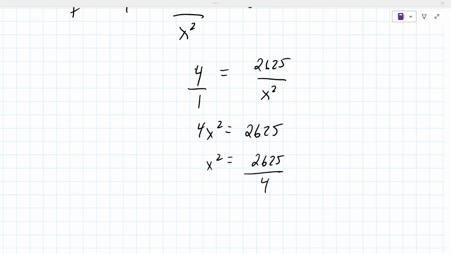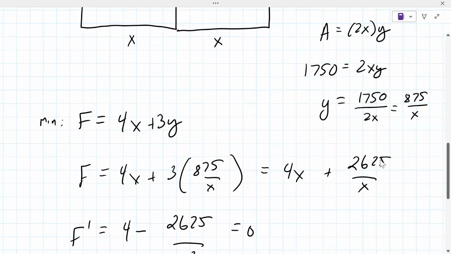So x equals 25.62. Yeah, sounds good. And then you would put that back in to find y into this equation.